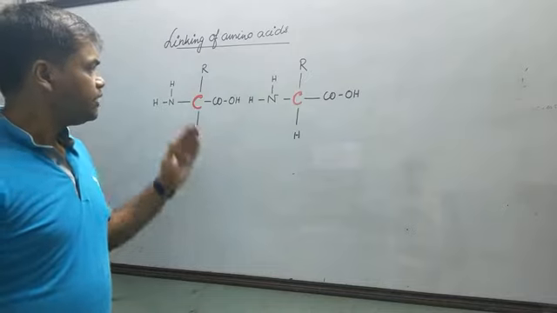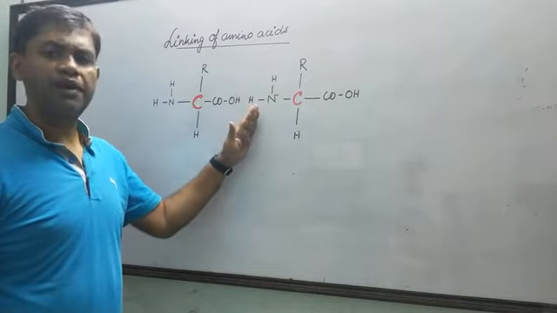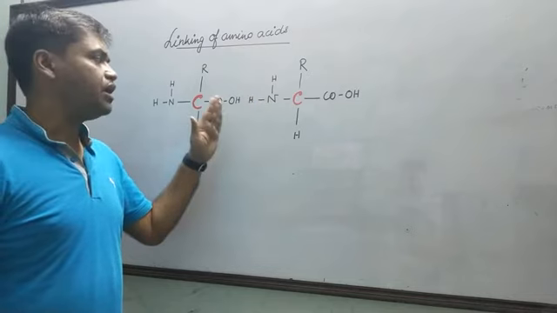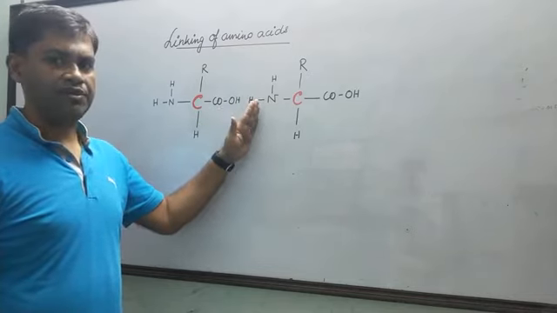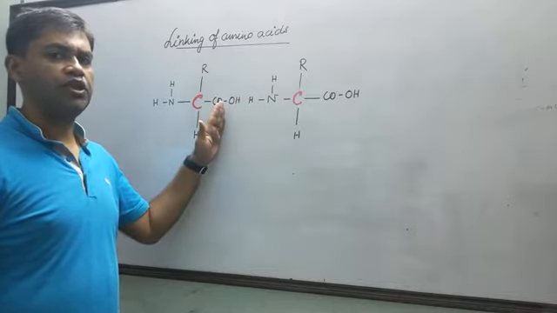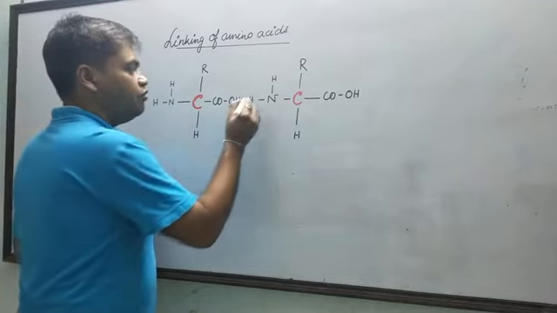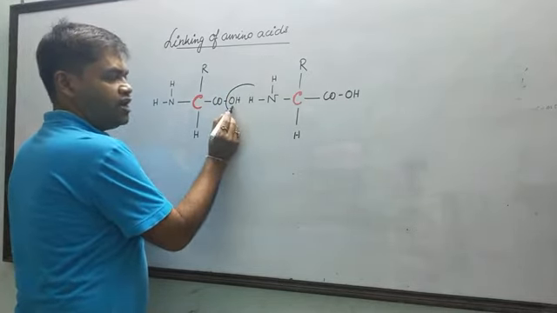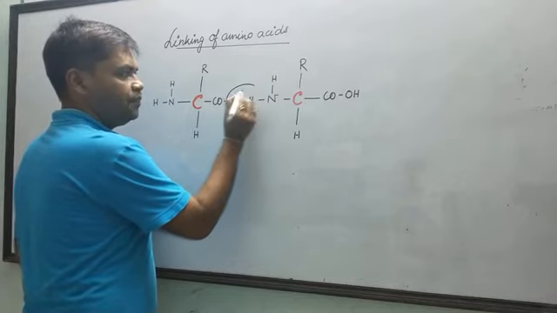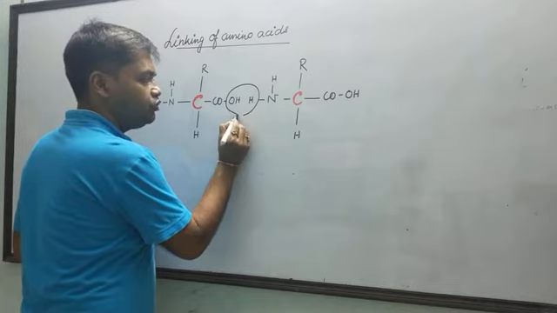Now, the amino group of one amino acid reacts with the carboxyl group of another amino acid. You can see here the COOH, the OH hydroxyl group of the carboxyl group, and the H of the NH2 unite.